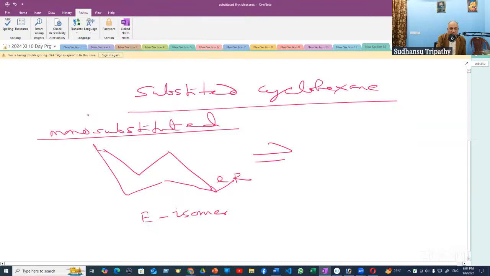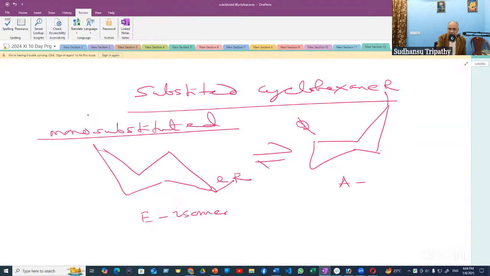But the rapid flipping into the other chair form will make it lifted up, occupying the axial position. So this is called the A isomer. These are simply conformational isomers or conformers or rotamers.